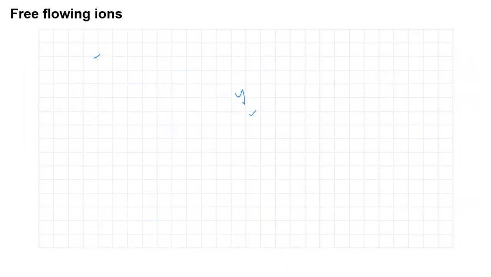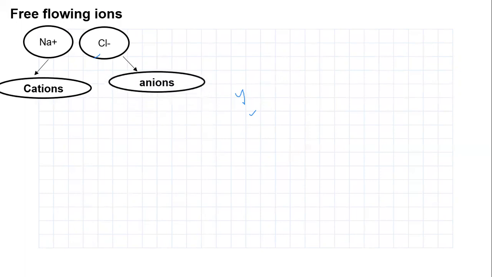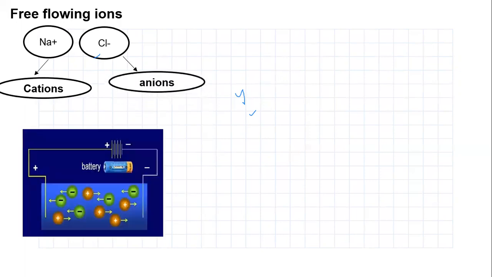Right. Let's see what happens in a solution which has mobile ions. For example, let's take sodium chloride solution. In sodium chloride solution, we have sodium positive ions and chloride negative ions. The sodium positive ions we call cations, and the chloride negative ions we call anions.